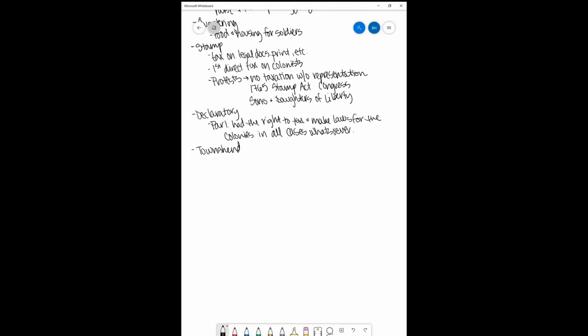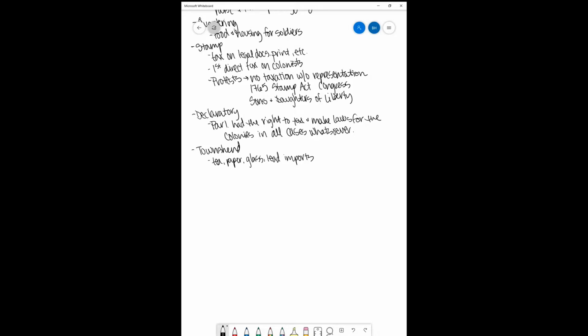And the Townshend Acts are the ones that were placed on tea, paper, glass, lead, that type of stuff. And there's all sorts of imports. And the money went to pay. What's interesting about this is that the money actually went to pay for the British officials that were in the colonies.